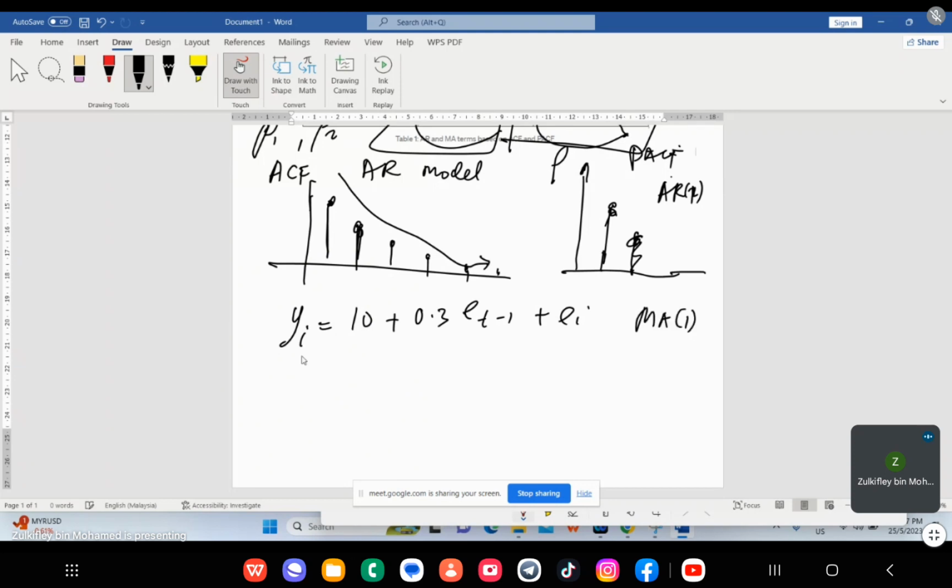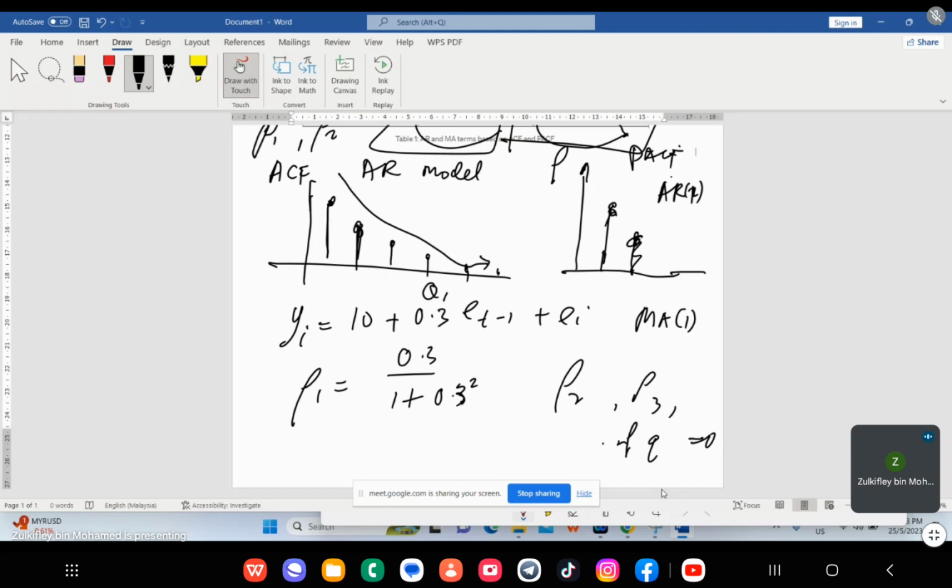Rho 1 is equal to theta 1, this is theta 1, theta 1 is 0.3 over 1 plus 0.3 square. The rest, rho 2, rho 3, up to rho h, rho k, up to rho q, is equal to 0.